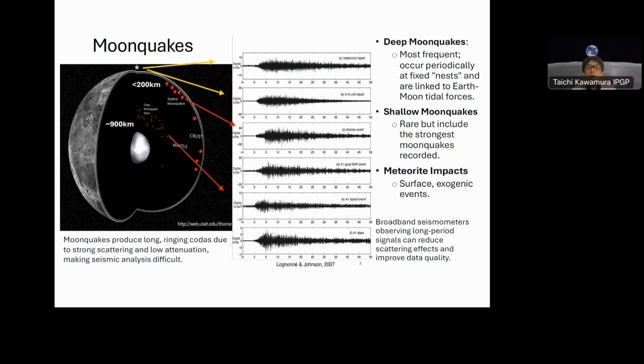So we really want to avoid such an effect of coda by using a broadband seismometer and observing in a long period so that we don't see this effect of scattering. This is exactly what we want to do for the next observation. Next slide, please.